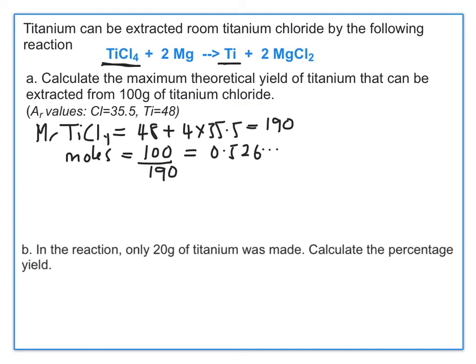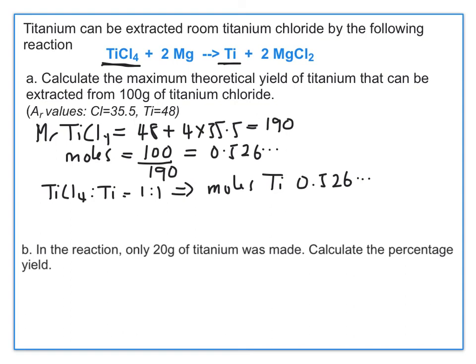Next stage is to look at the mole ratio in the equation, and it's 1:1. So TiCl4 to Ti is a 1:1 ratio. Therefore, moles of titanium must be 0.526. Okay, next stage I need to convert to mass.